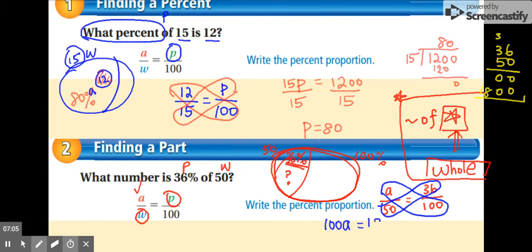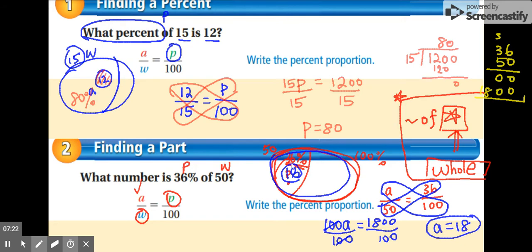So it's going to be 1800, divided by 100, divided by 100. So it will be canceled out. A is equal to 18. So 18 out of 50 is 36%.